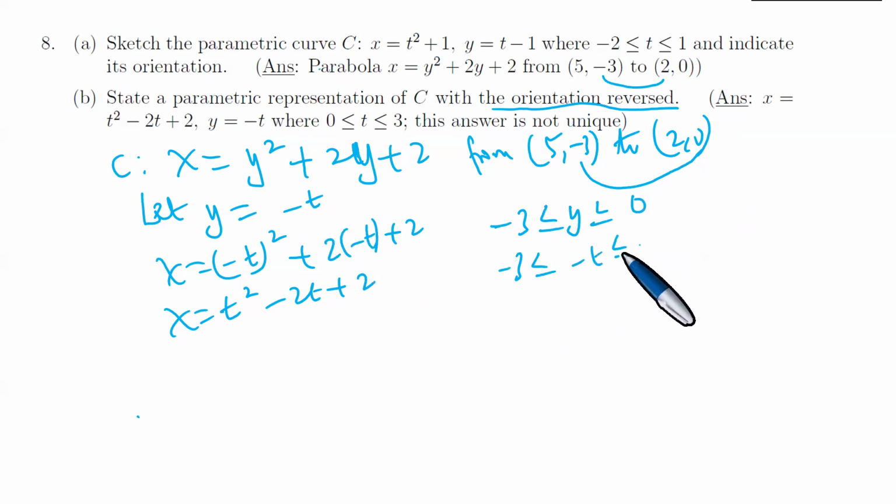Y is minus t, and then simplify this, it is going to be 3 is greater or equal to t, which is greater or equal to 0. Okay, so this is what we have.